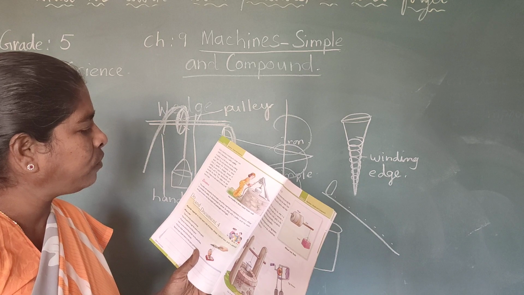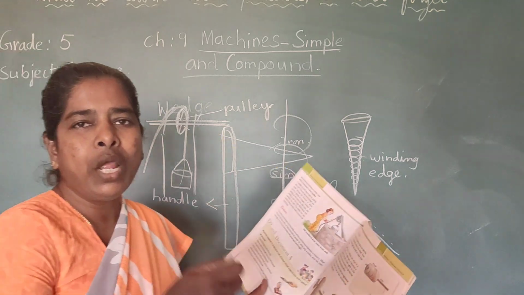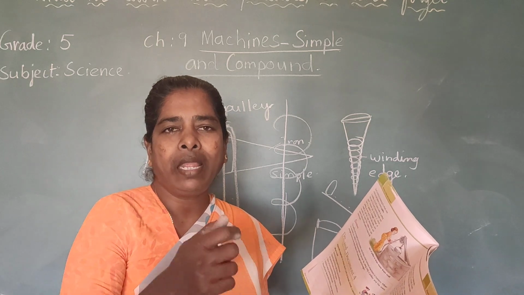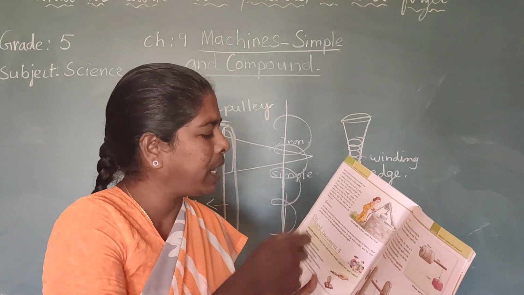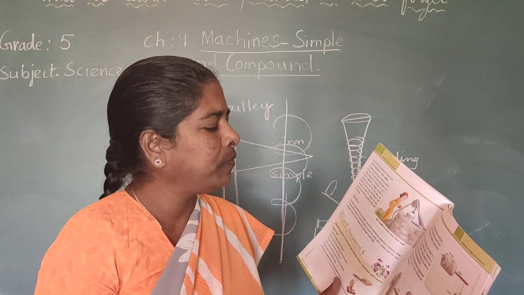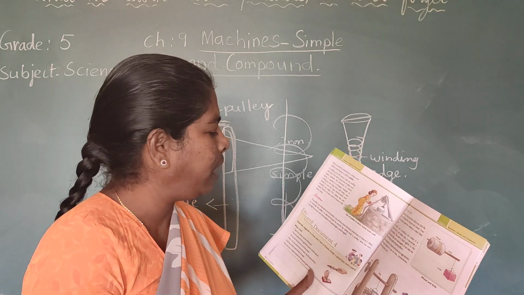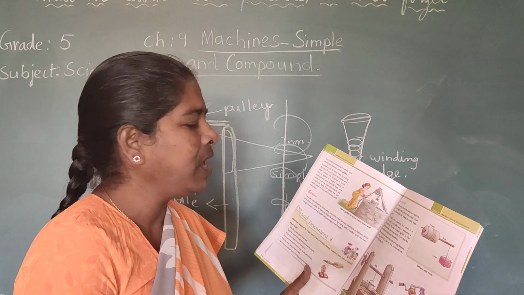It enables us to lift heavy loads by pulling the rope. We can pull easily by holding the rope. We can lift heavy things also. The work becomes simpler and easier because the direction in which force is applied is changed.